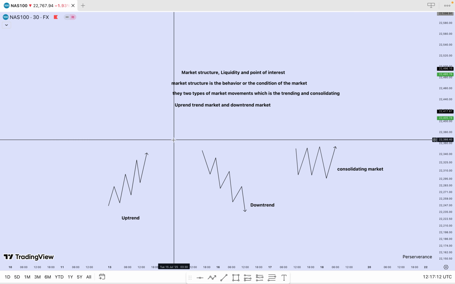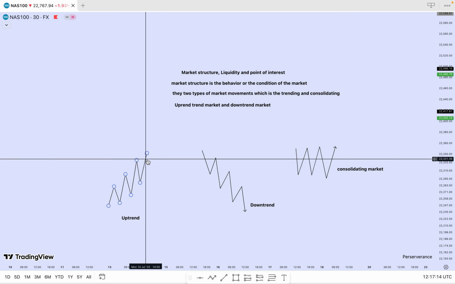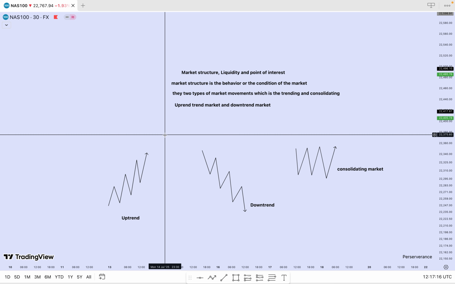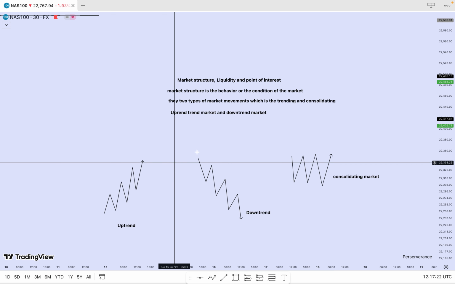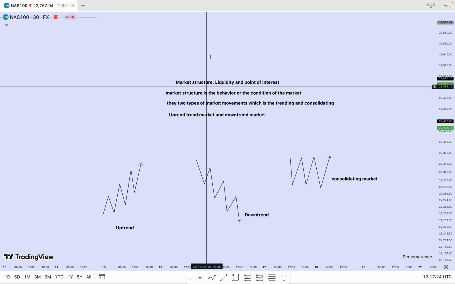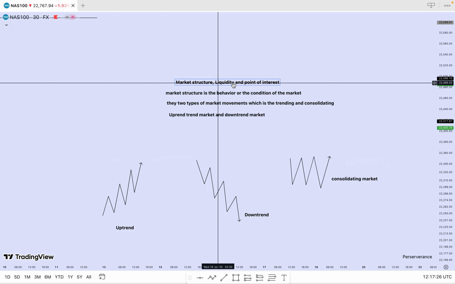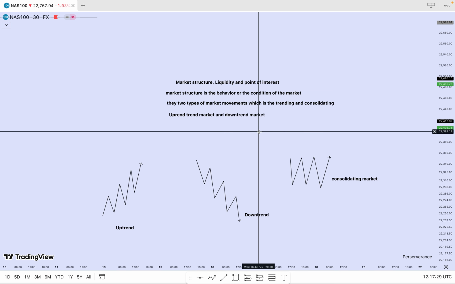Now, in trading the market structure aspect of the strategy, there are two things you need to look out for. I said the strategy has three different parts: market structure, liquidity, and point of interest.